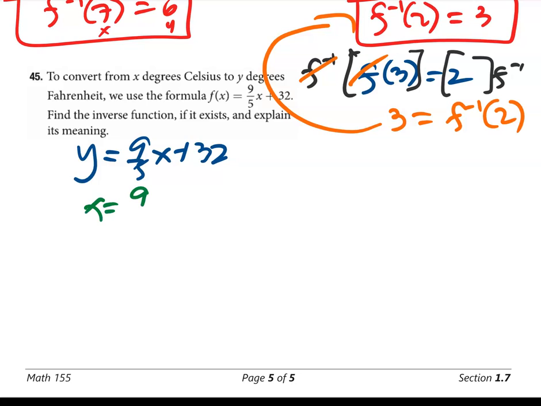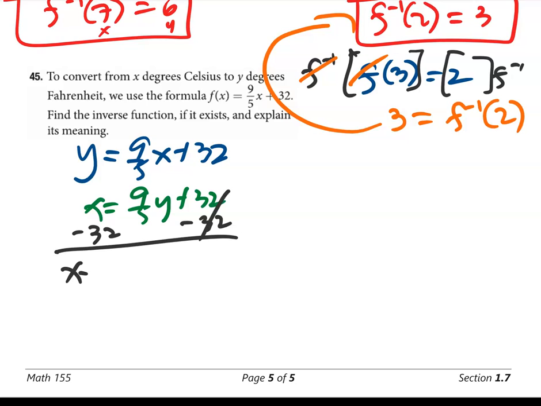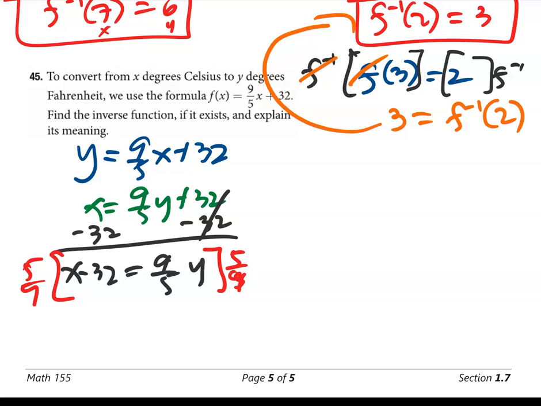X is equal to 9/5 y plus 32. Solve for y. Subtract 32, x minus 32, and then you multiply both sides by the reciprocal of 9/5, so 5/9. So this is 5/9 of x minus 32 is equal to y.